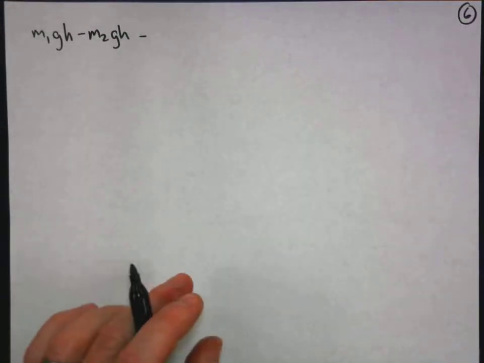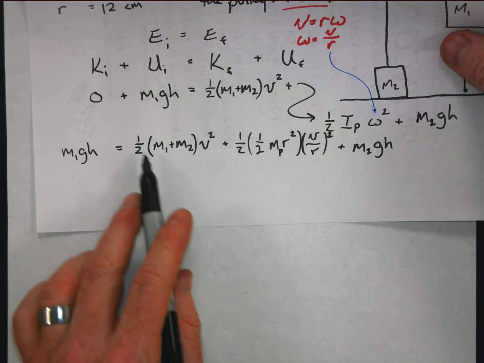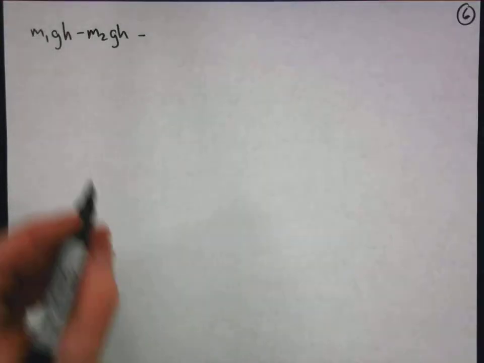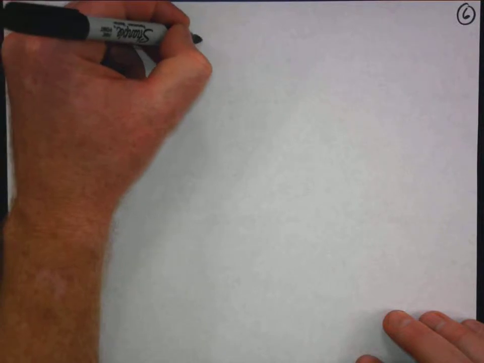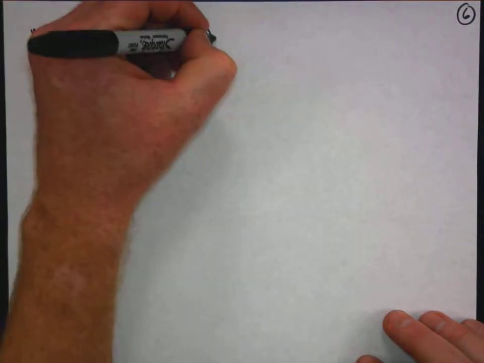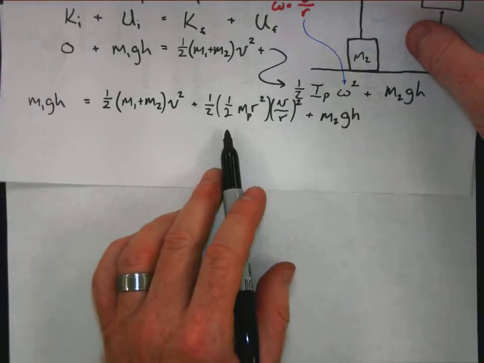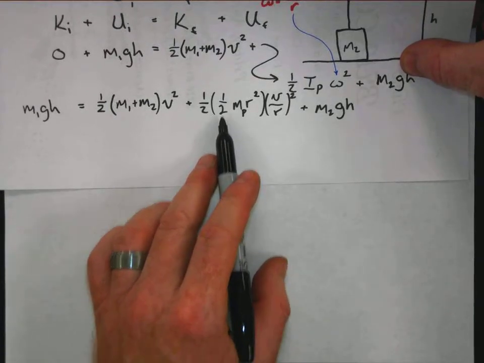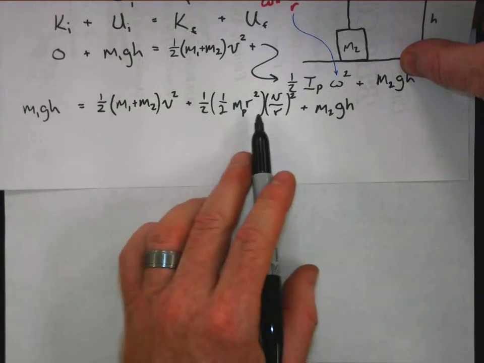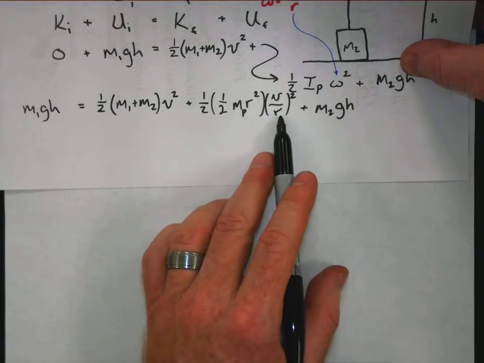So subtracting the other term, this business, from both sides, 1/2 M1 plus M2 times V squared. And that has left me with this isolated. Now, I can simplify this a little bit. You probably already recognize a few things. That's going to go to 1/4. I have r squared, and I have r squared in the denominator. Those will cancel.